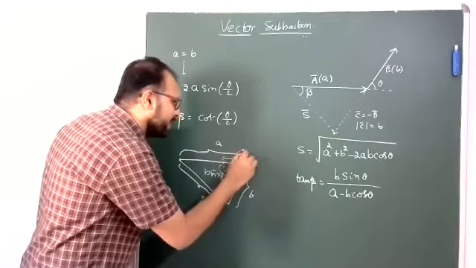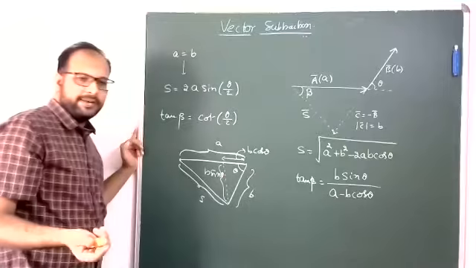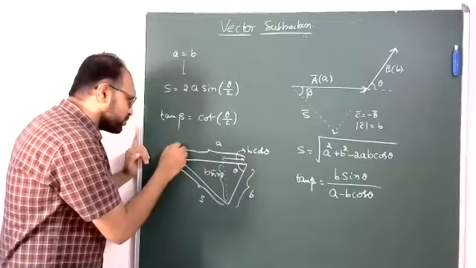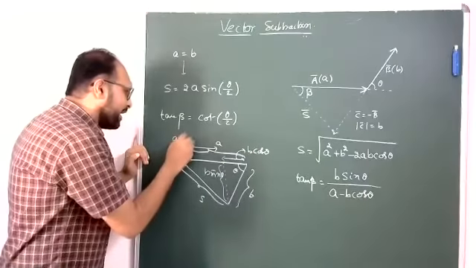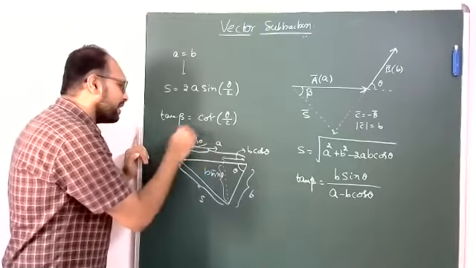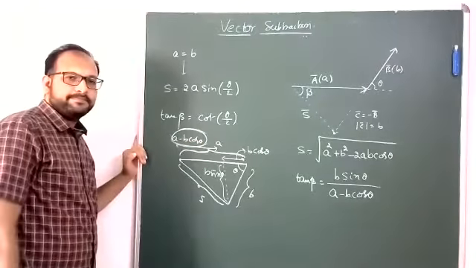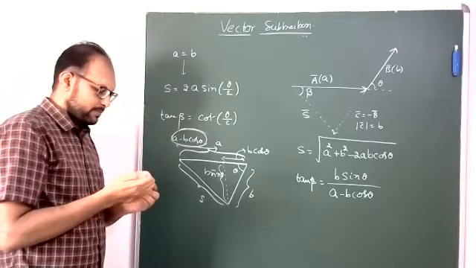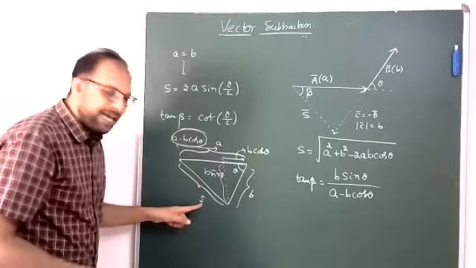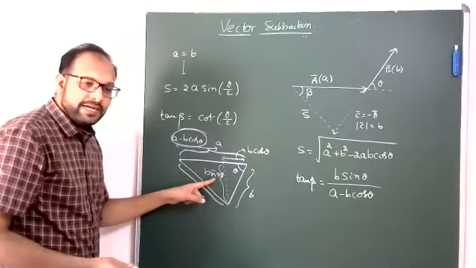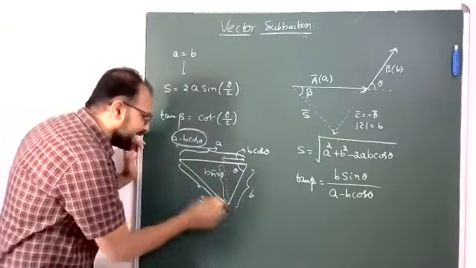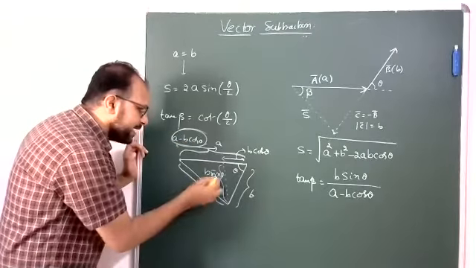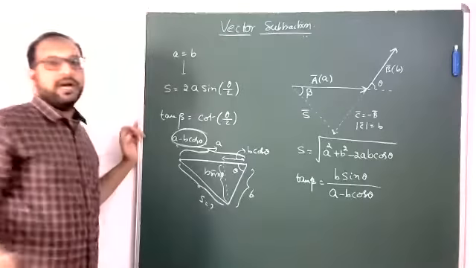Now here to here is B cos theta, so from here to here it is A minus B cos theta. Here to here is S. So in a right angle triangle, the adjacent side is A minus B cos theta, the opposite side is B sin theta, and the hypotenuse is the question mark.